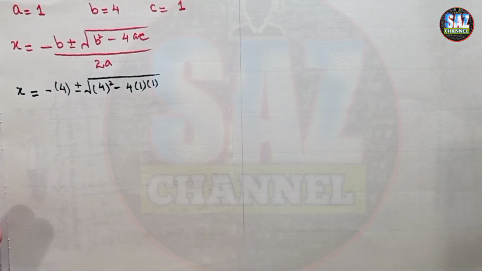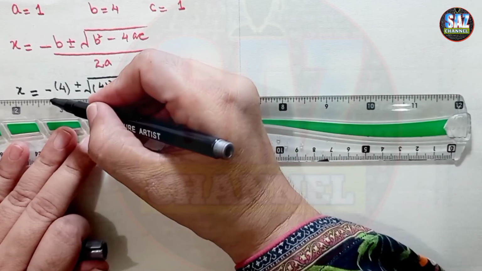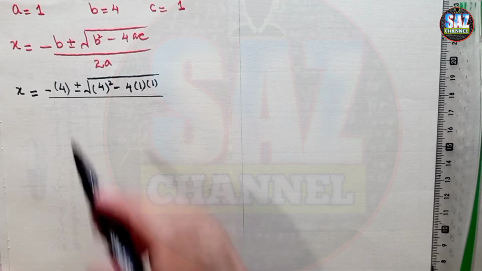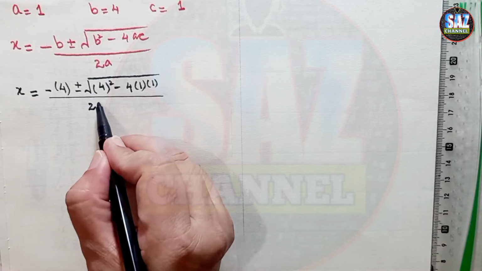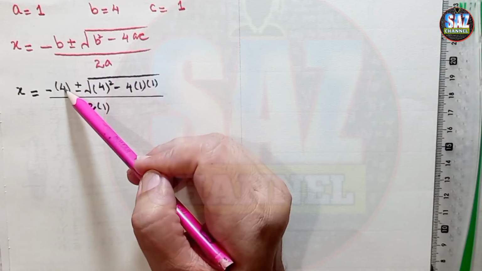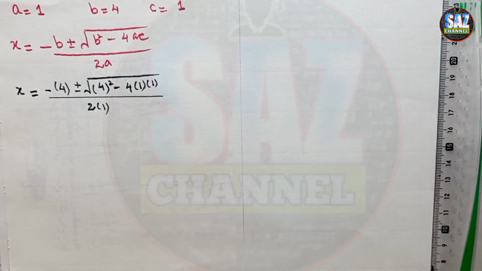Then we have to divide this whole expression by 2a, 2 into 1. After replacing the values, you have to reconfirm your data as well, that b is 4 and b square is 4 square, minus 4 into 1.